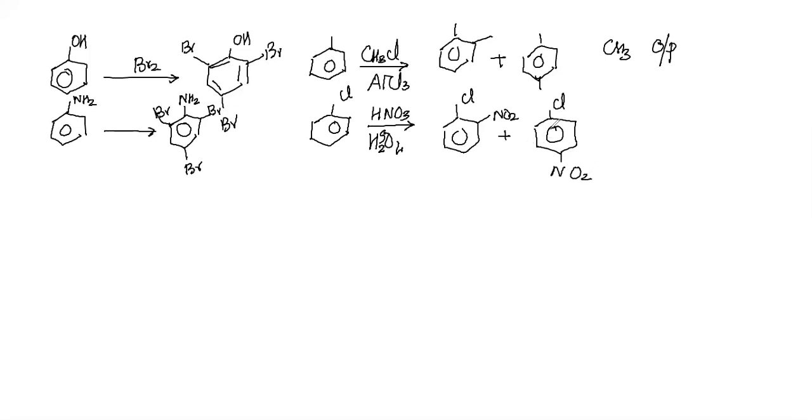Okay. So all these groups, OH, Cl, CH3, are electron donating groups.